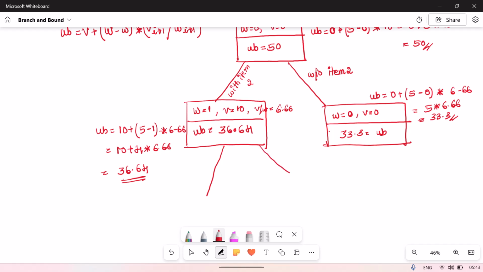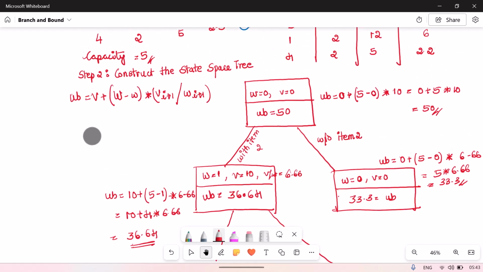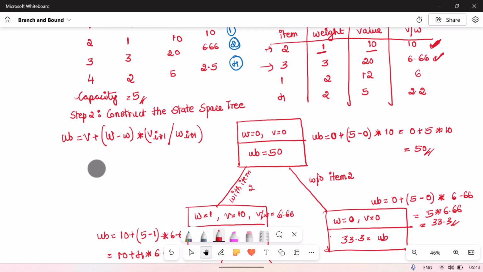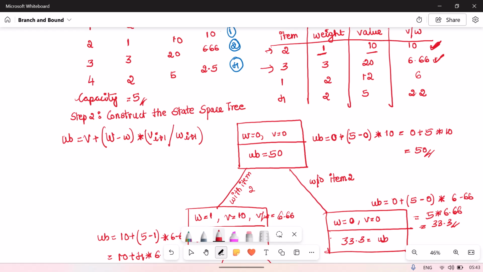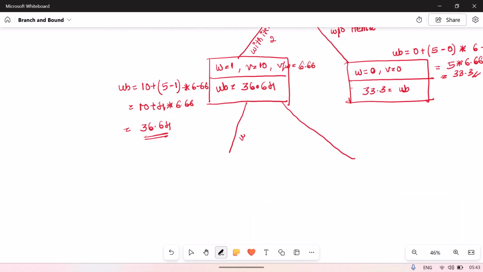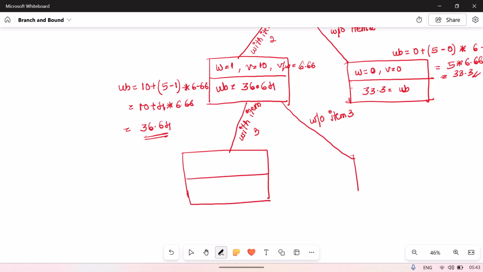Next item. So this option will be chosen. One side is lesser, right? So next item is item 3. Item 3, its value and weight is 20 and 3. So we'll consider that. Okay. So it's item 3. So with item 3 and without item. Without is particularly easy.